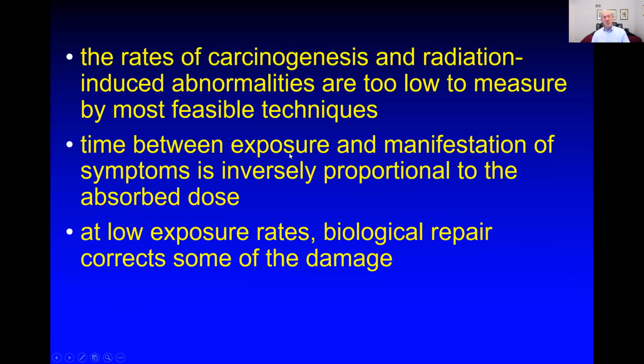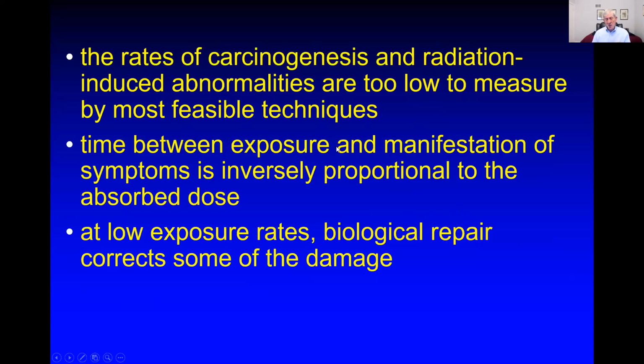Now, some other things that we've learned about radiation dosimetry would be the following. The rate of induction of cancer and other abnormalities is so low that it's almost impossible to measure. If a person develops cancer, there's no way to say your cancer was caused by X. We simply can't do that. If we take a look at 1 million people, we might be able to find a trend, but in an individual case, we can't.